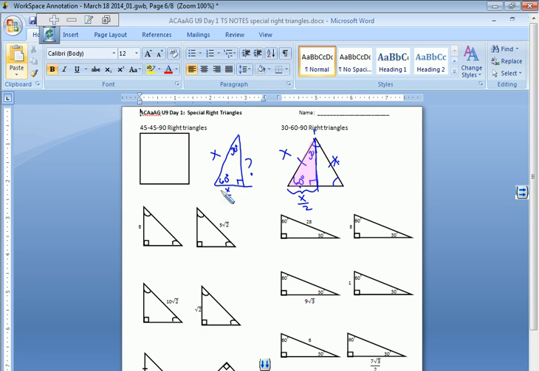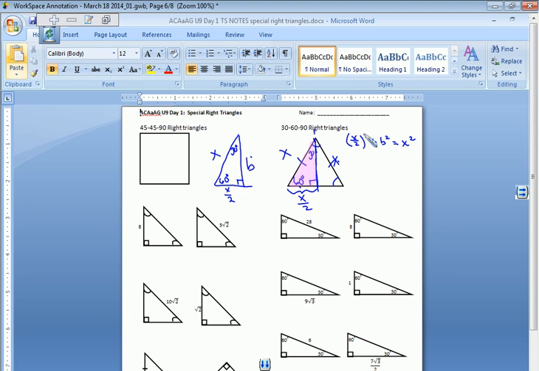So we're going to do leg squared, so x over 2 squared, plus leg squared, don't know what it is, we'll call it b, equals hypotenuse squared. Wait, what's b? The one we're looking for. Okay. We'll call it b for right now.